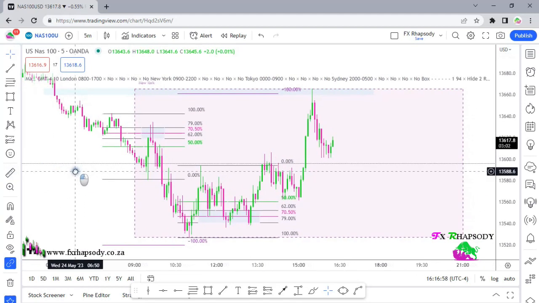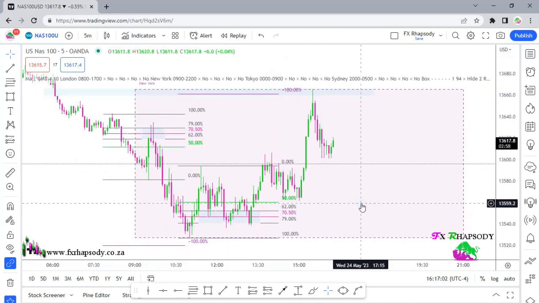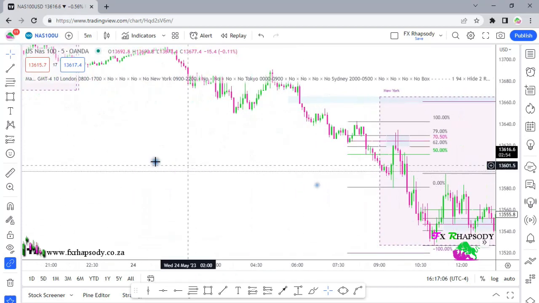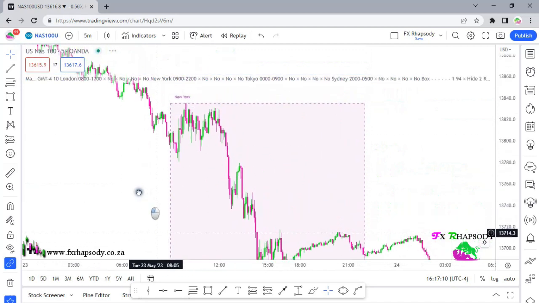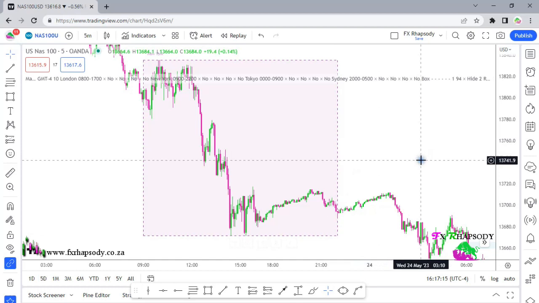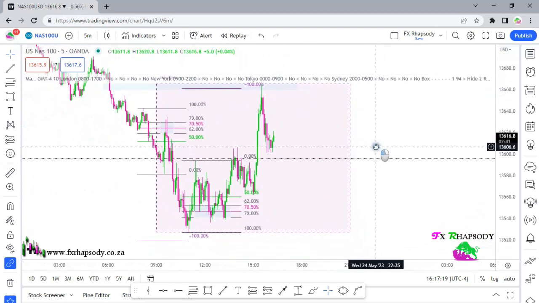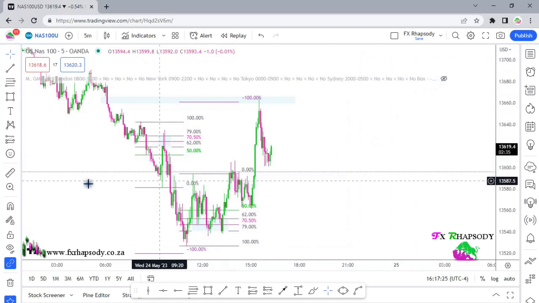But as you can see, there's a lot of volatility in the market when it comes to Nasdaq and in this trading time. Now, if we go back in time, this is just a 15 minutes time frame. Okay, you can see lots of movement happening in the market in the New York session, basically. So it's always good to know this and be aware of that as well.